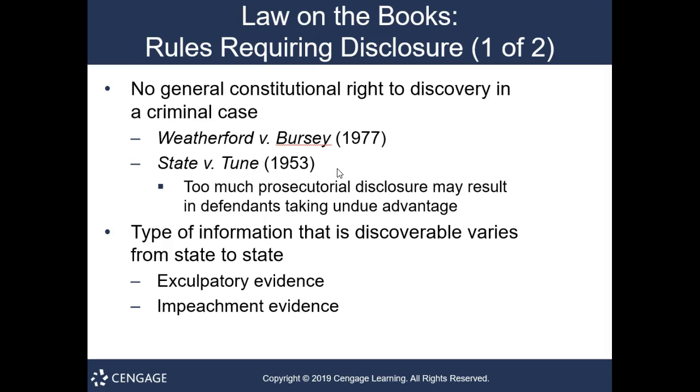So that's, in essence, there's no general right to discovery in a criminal case under the United States Constitution. But what is discoverable is exculpatory evidence, for sure, absolutely. As we'll see, if the prosecution has exculpatory evidence, that means not evidence that would be helpful to the defendant to establish a reasonable doubt in the case, but evidence that by itself would establish the fact that the defendant did not commit that crime.